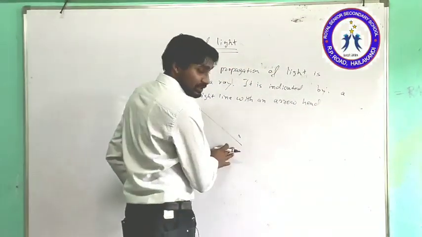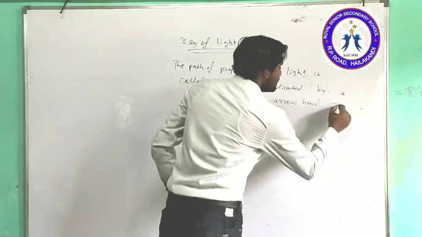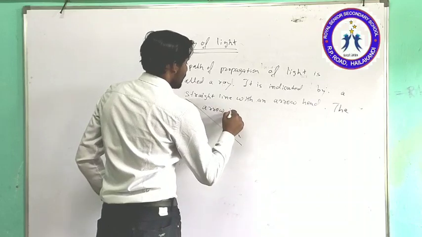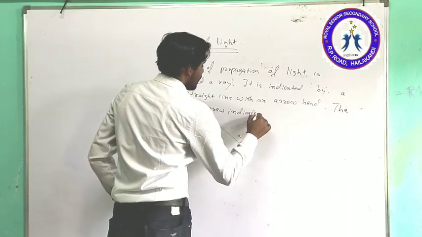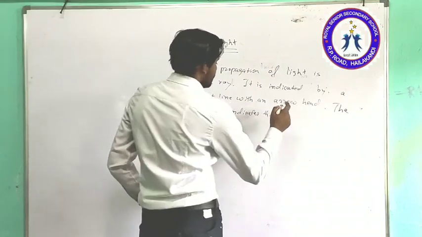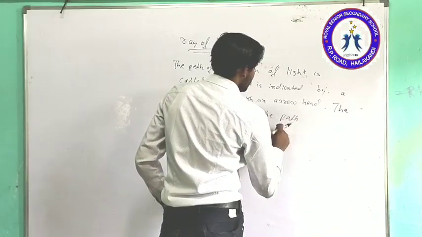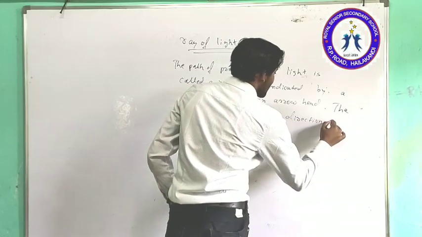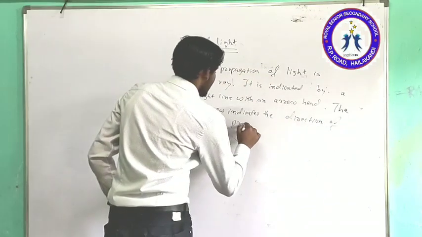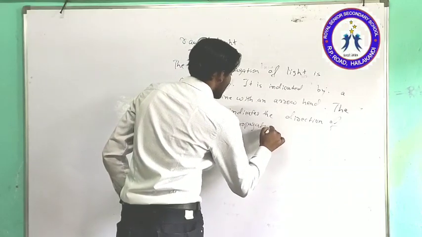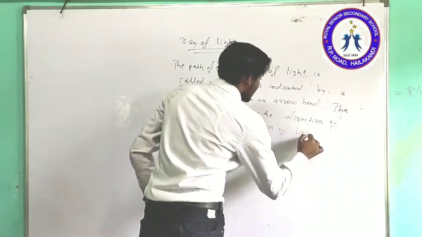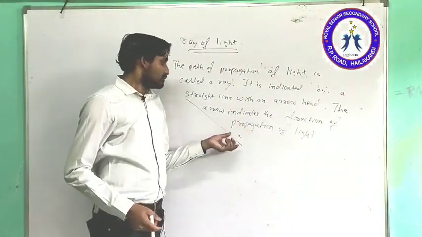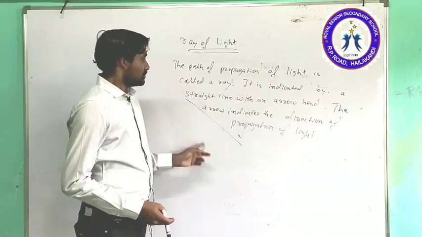And what does the arrow indicate actually? The arrow indicates the direction of propagation.